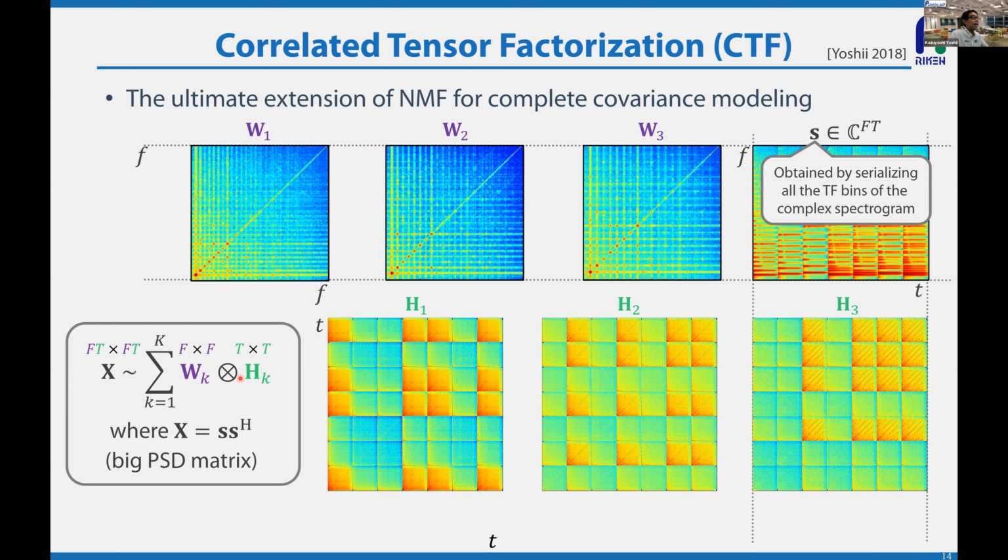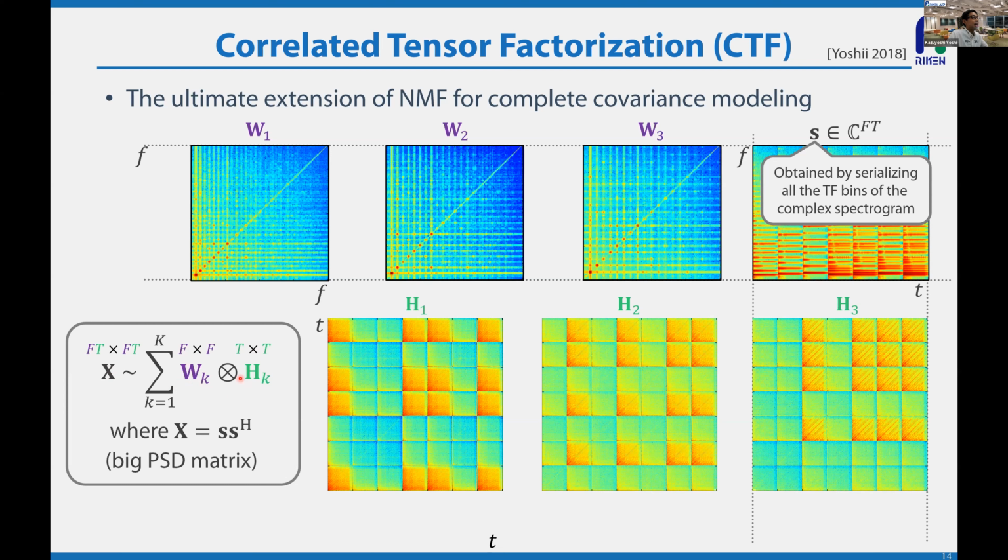This equation is obtained by just substituting the constraint. So WK is assumed to be like this, and HK is assumed to be like this. Here, this is a Kronecker product. So this can be rewritten like this, and finally, we can obtain an equivalent formulation like this.